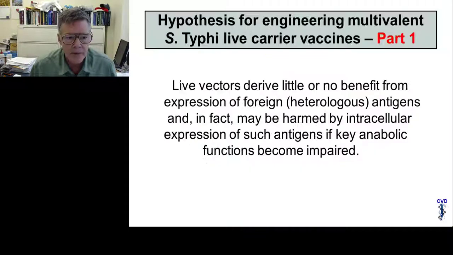Okay, so we have several hypotheses for engineering multivalent Salmonella Typhi carrier vaccines. This is my great hypothesis part one. Live vectors derive little or no benefit from expression of foreign antigens. And in fact, these foreign antigens may be harmful if they're expressed intracellularly, because they may block anabolic functions or harm in a number of other ways.